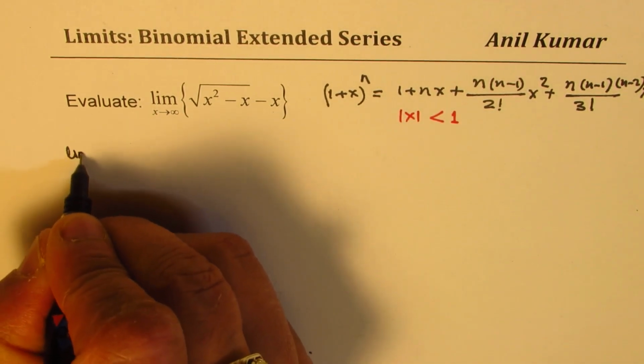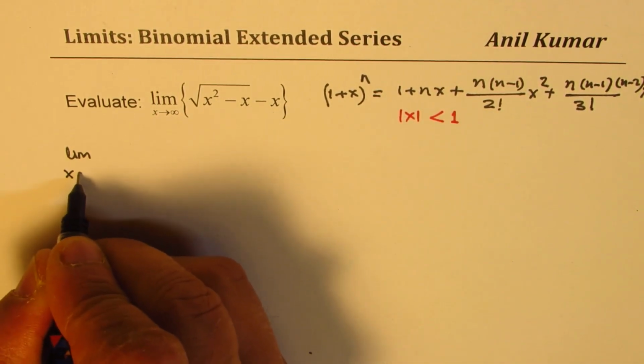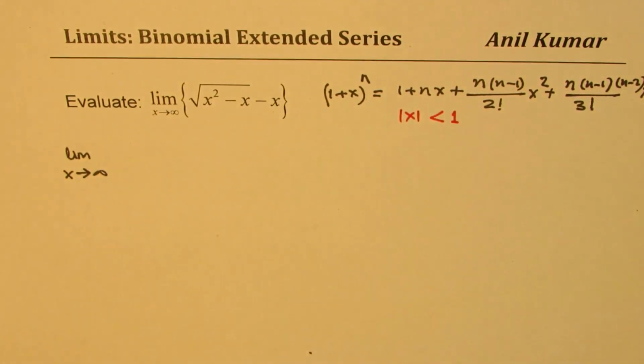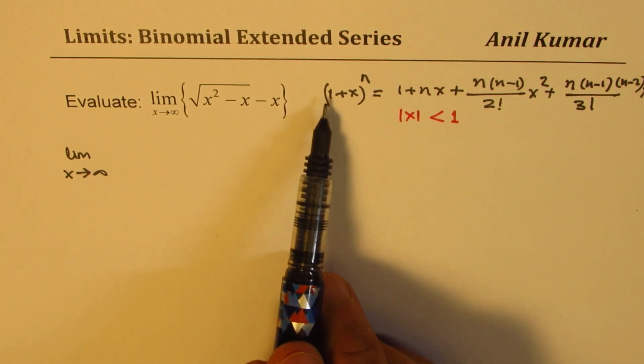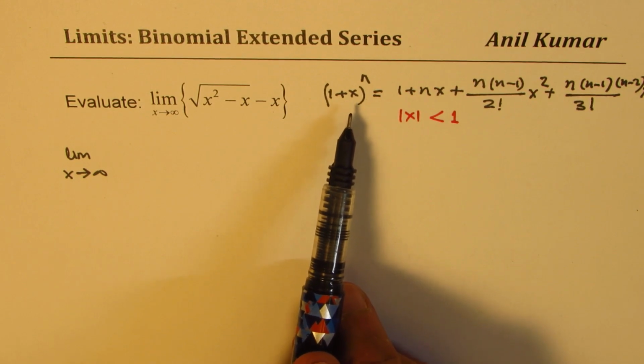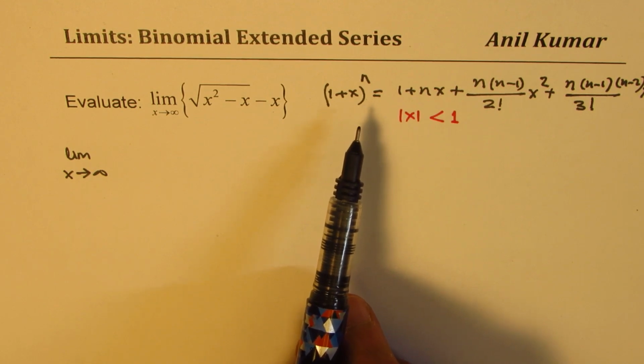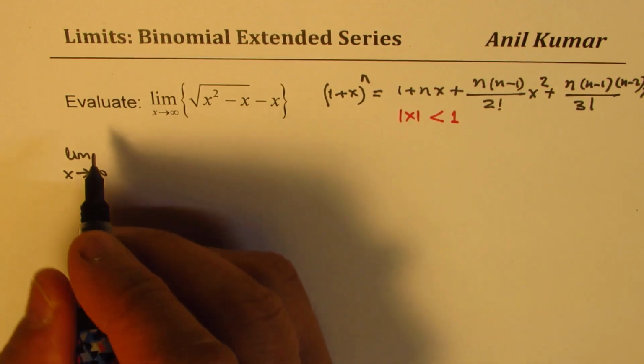So now, if you have to solve such a question, you really have to expand this particular part. As you see, we would like to have a form which is 1 plus x, where x is less than 1, right? So what you could do here is factor out x squared in this expansion.